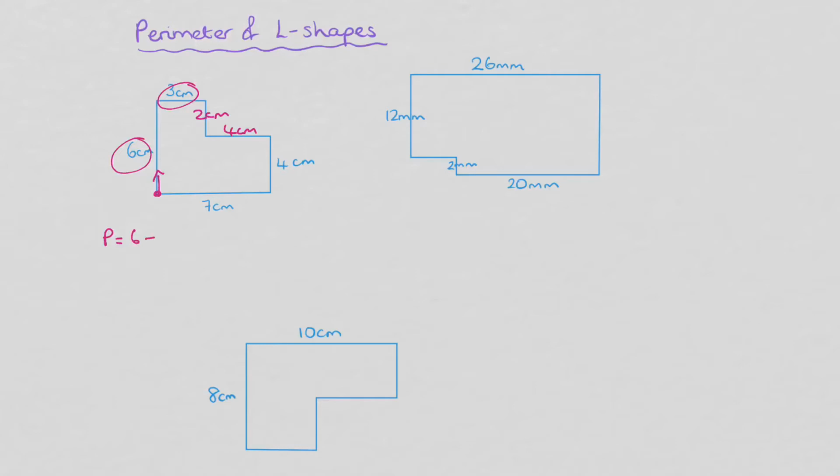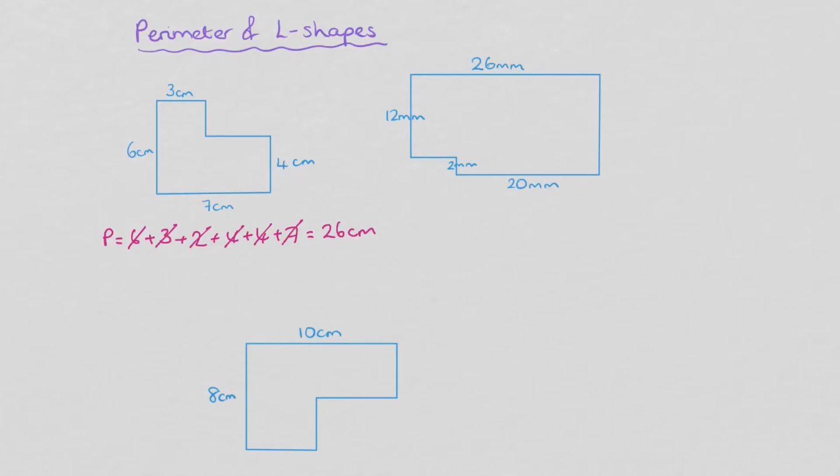So we've got 6, 3, 2, 4, 4, and 7. So if we add that all up, 6 add 3 is 9, add 2 is 11, add 4 is 15, add 4 is 19, add 7 is 26. So the perimeter of that shape is 26 centimetres.